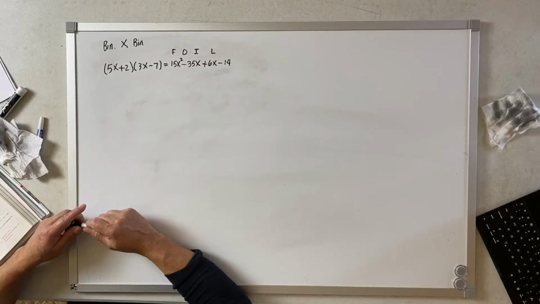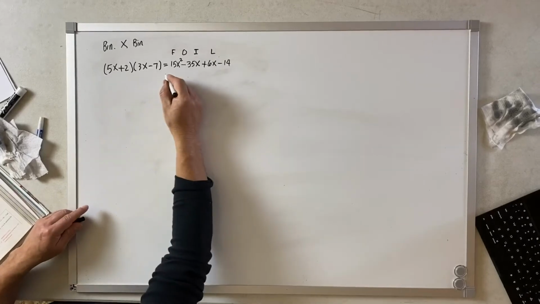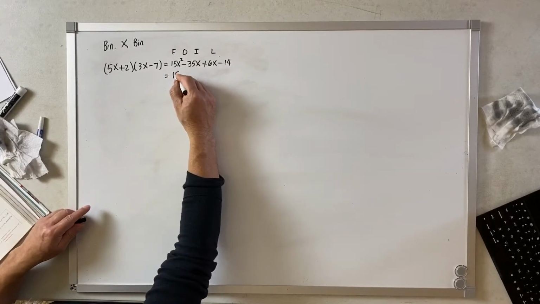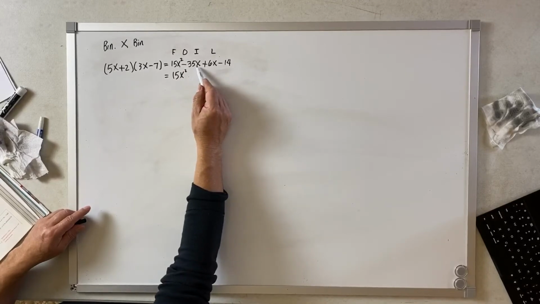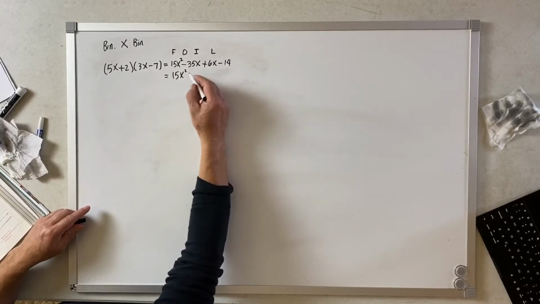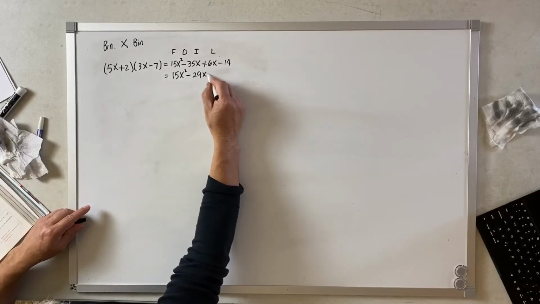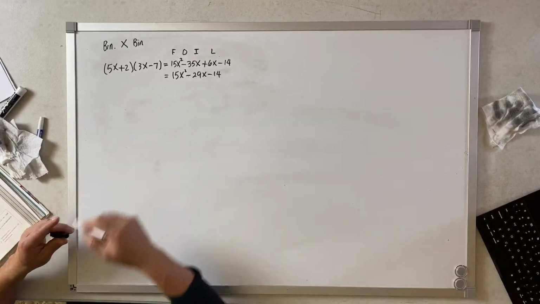Usually outer and inner go together. So this equals 15x squared. And then negative 35x plus 6x is what? Negative 29x minus 14.